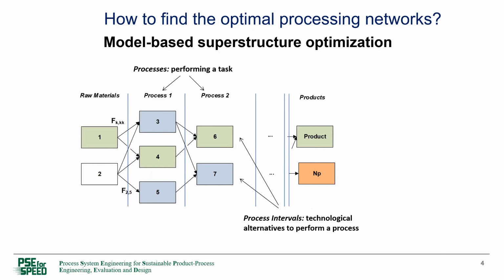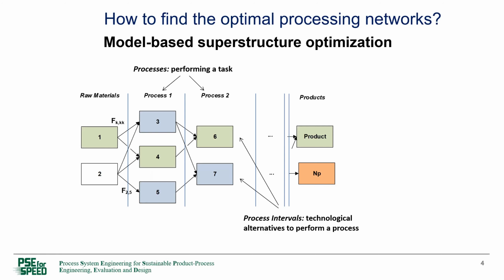So you can see that the ones in green, 1 going to 4, going to 6, going to the top product, is the optimal solution. And that's the flow sheet. So that's one flow sheet we get out of the optimization of the superstructure.